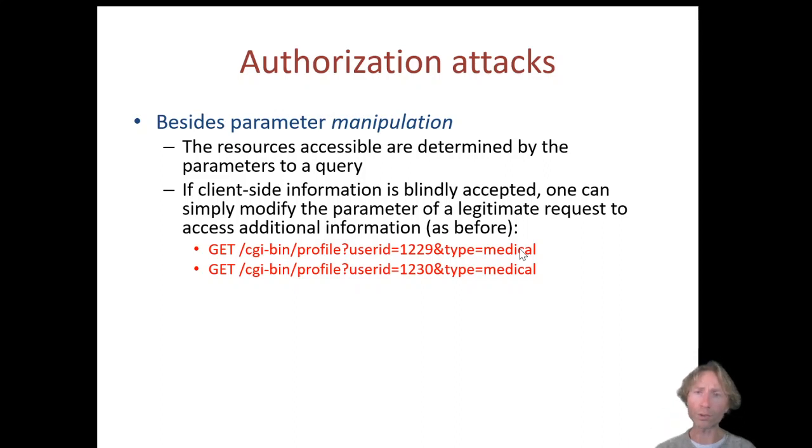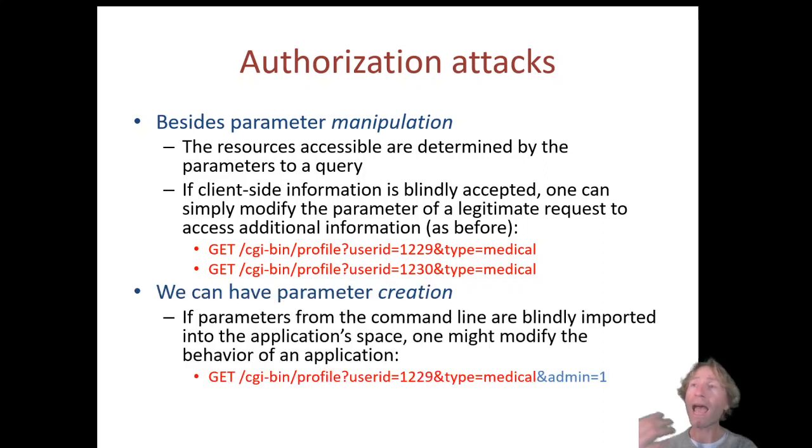So what you can also do besides parameter manipulation is parameter creation. In that case, we add additional parameters. Since these client-side parameters are blindly accepted, what we do here is we add admin equals 1 in the hope that maybe we get elevated privileges to obtain information that we would not normally be able to get. Okay, parameter manipulation and parameter creation.